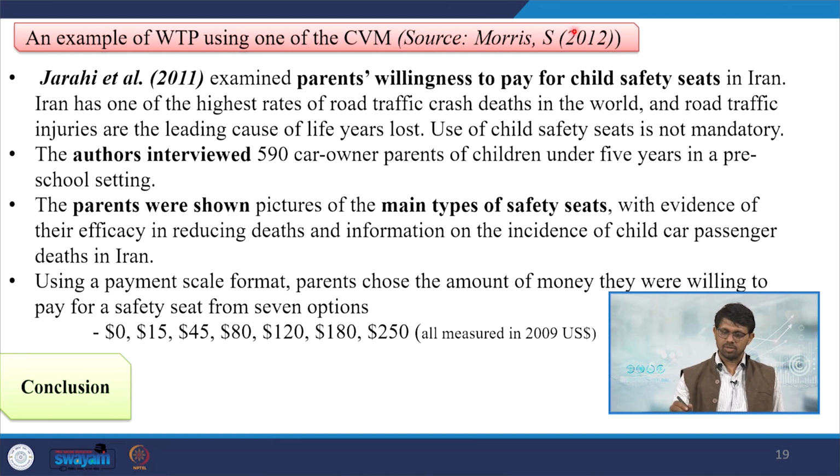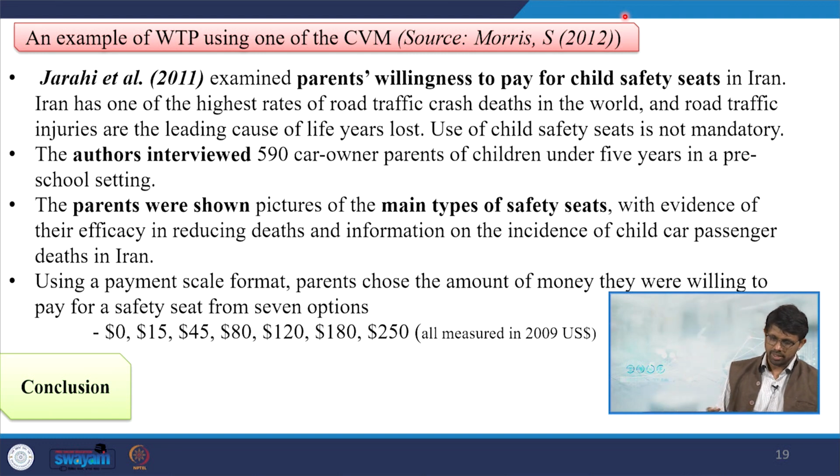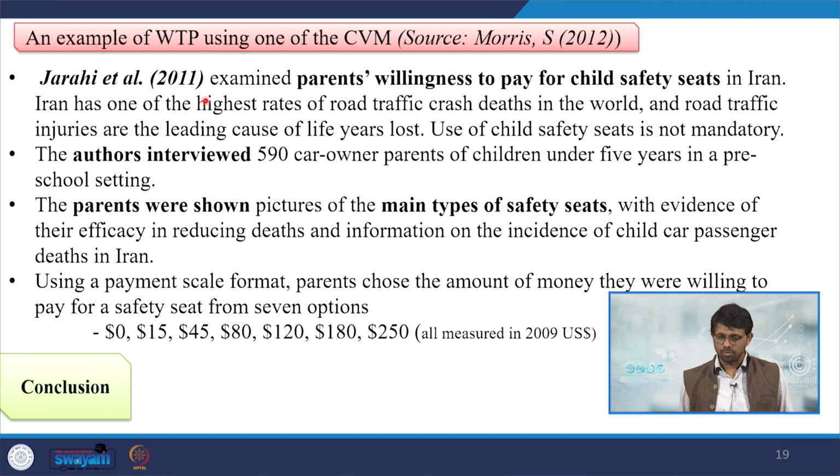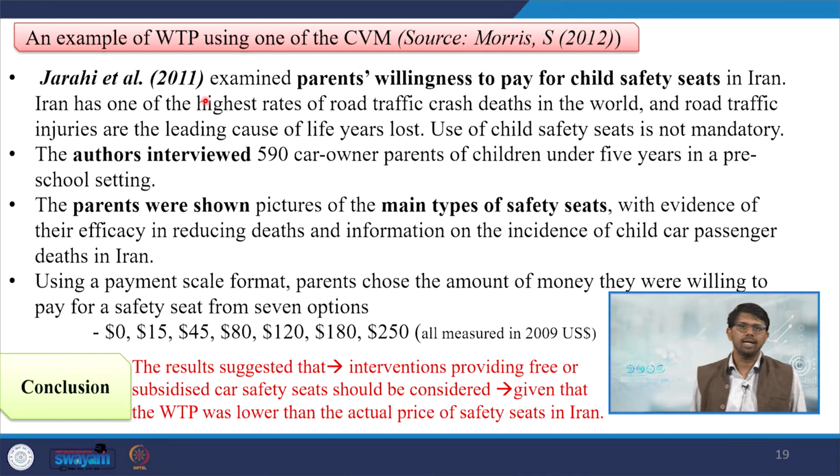Since the paper was published in 2011, this Jafari paper of 2011 was mentioned in Morris's work of 2012. Out of these 7 options, the results suggested that interventions providing free or subsidized car safety seats should be considered, given that the willingness to pay was lower than the actual price of safety seats in Iran.